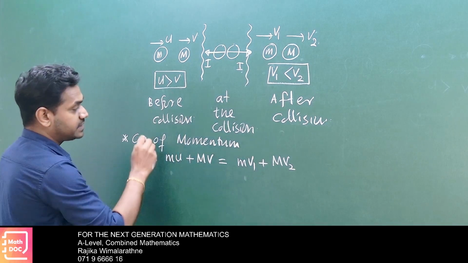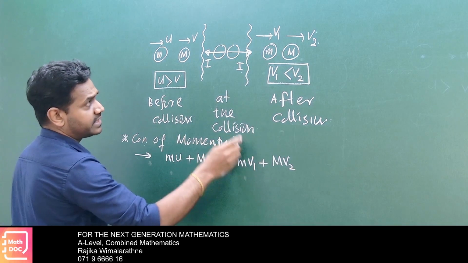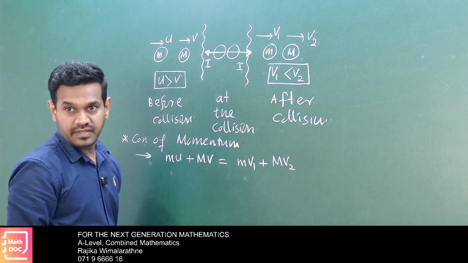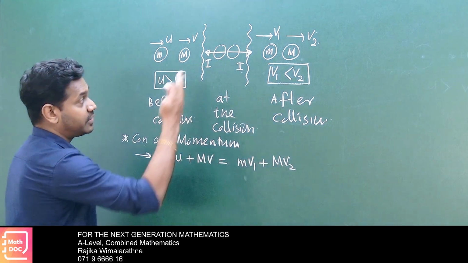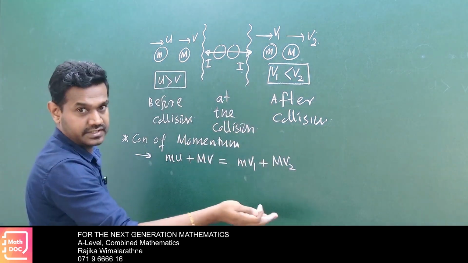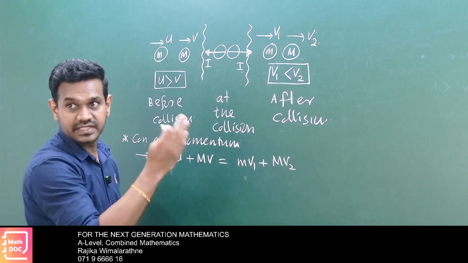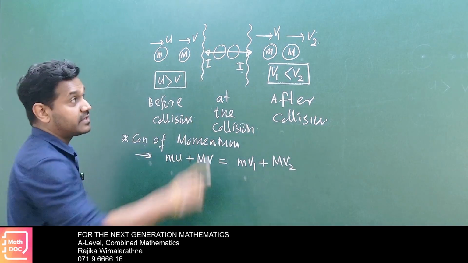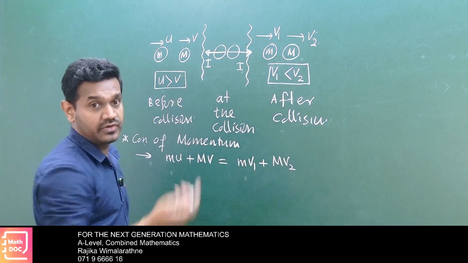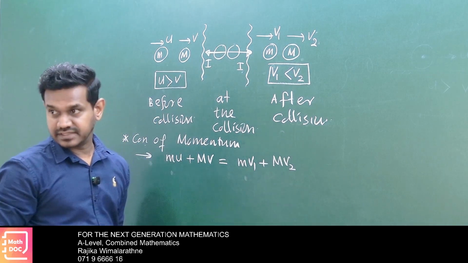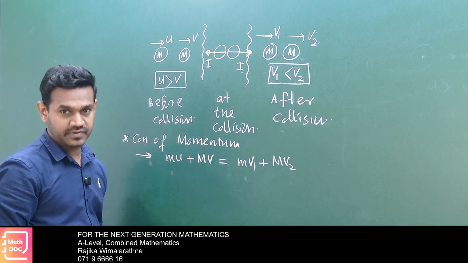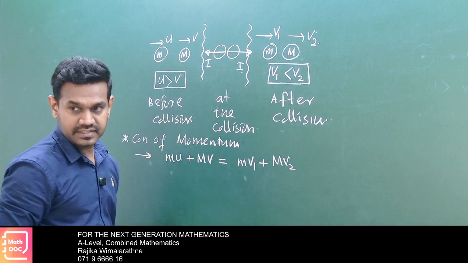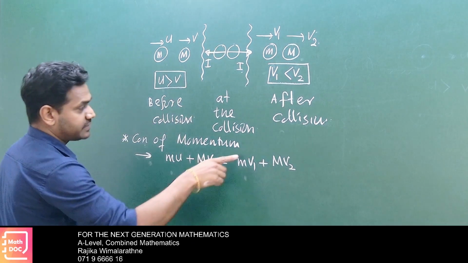So by conservation of momentum, we consider before collision and after collision, but not at the collision. But we have another formula to analyze at the collision: the impulse formula. By that we can find the thing at the collision. So this is conservation of momentum.